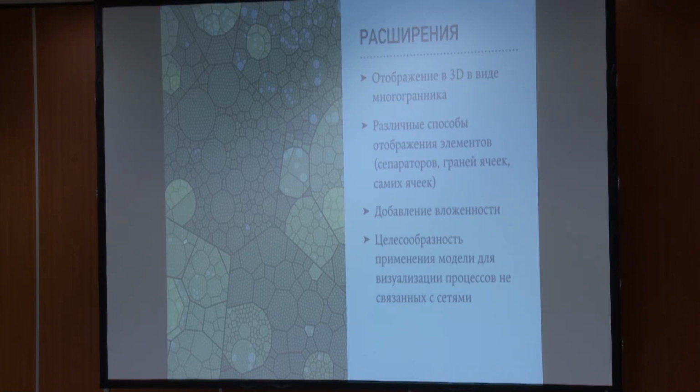The next one, we can put in different values, and we do not consider our graphic model only as one for visualization of computer networks, but also for visualization of other processes.